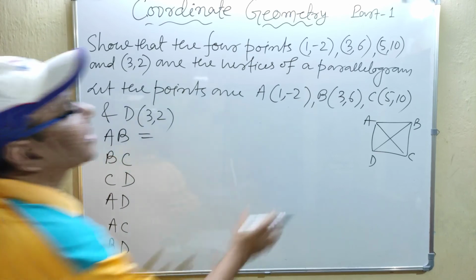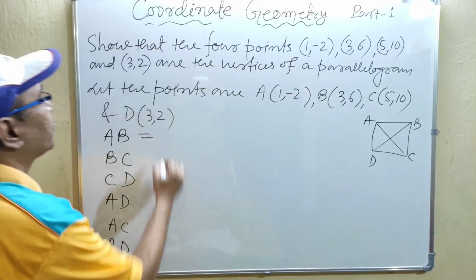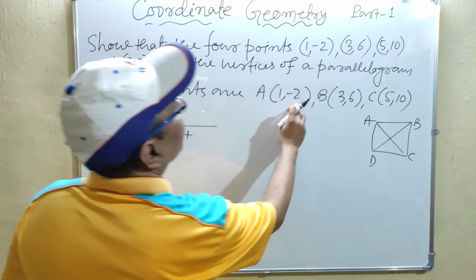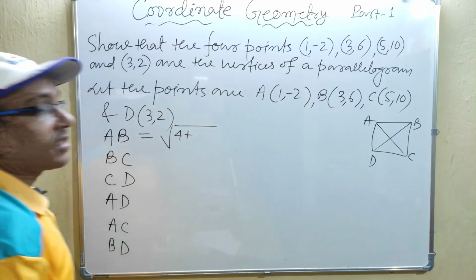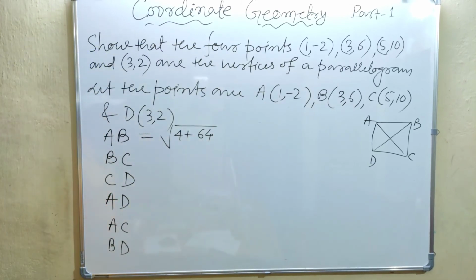AB, find this AB distance: (1 minus 3) minus 2 squared plus (minus 2 minus 6) minus 8 squared. In this way directly we find.